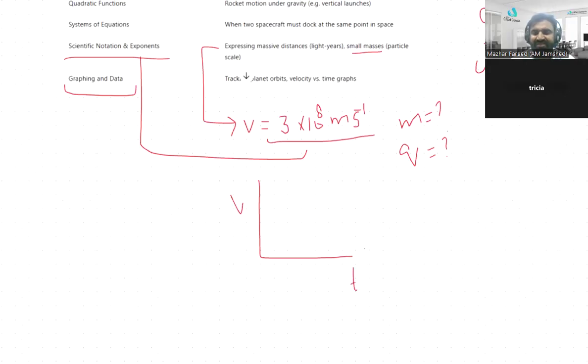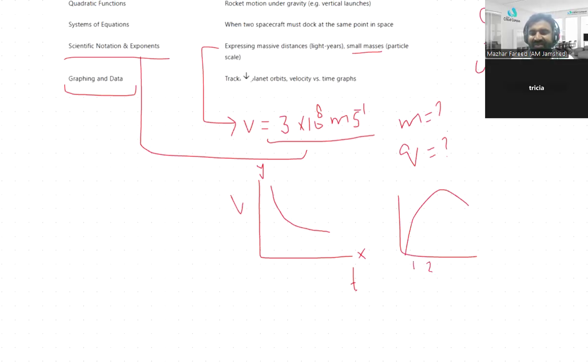This is the x-axis and this is the y-axis. Then you can find its speed with the passage of time and at what level it moves.